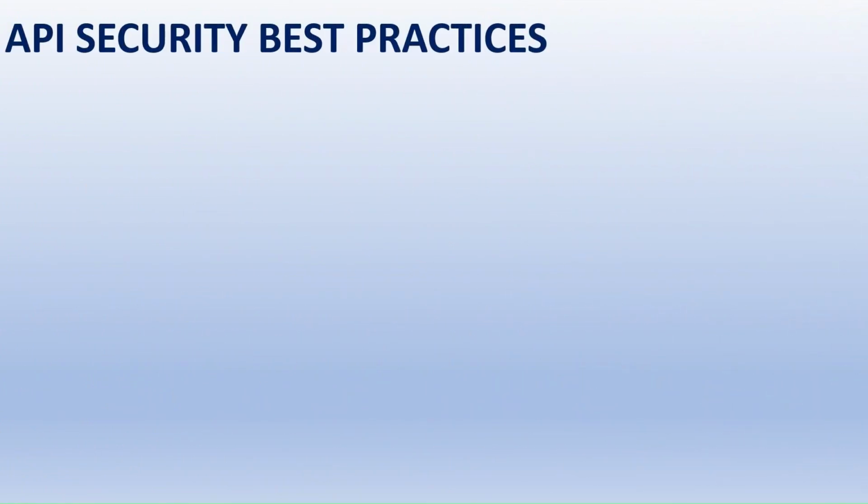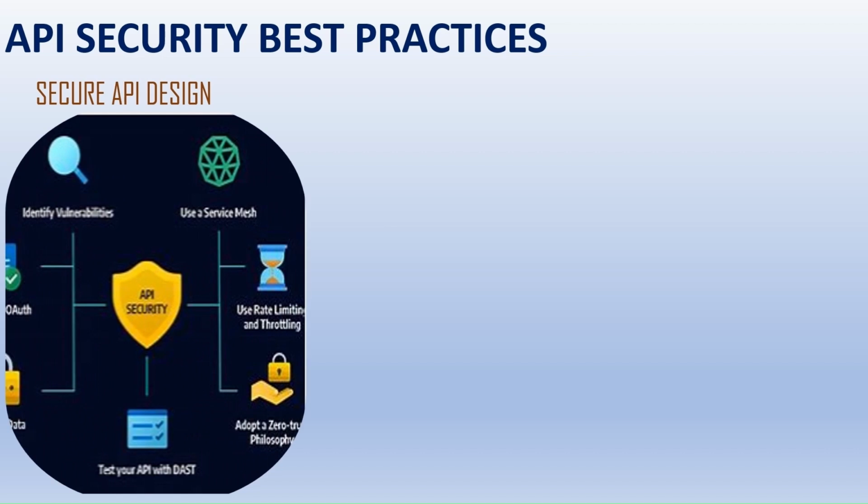The following best practices aim to mitigate the unique vulnerabilities and security risks that APIs present. Secure API design. Designing secure APIs requires the implementation of robust security controls. It is essential to use strong authentication mechanisms to verify the identity of users and systems interacting with the API.